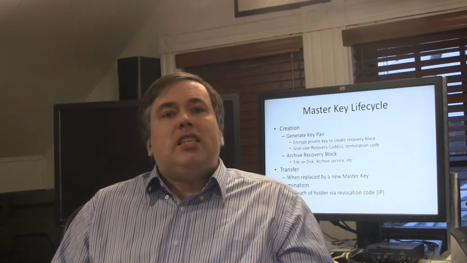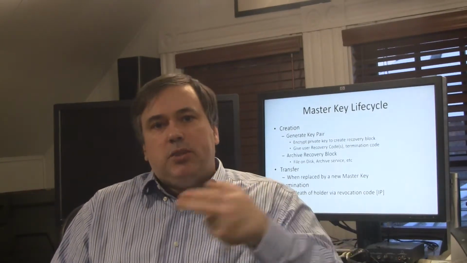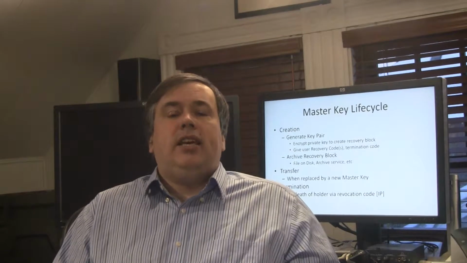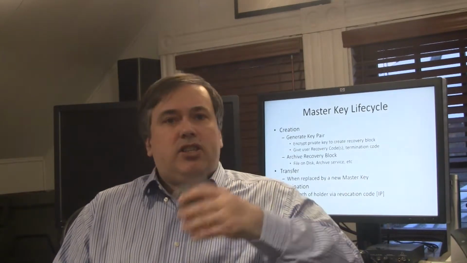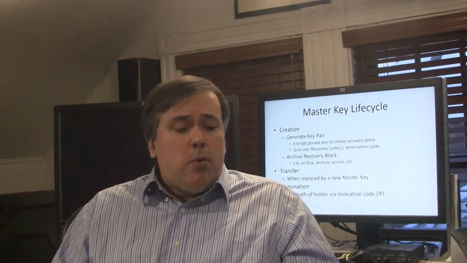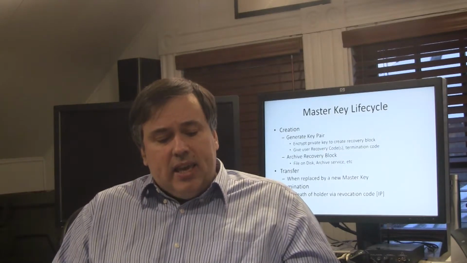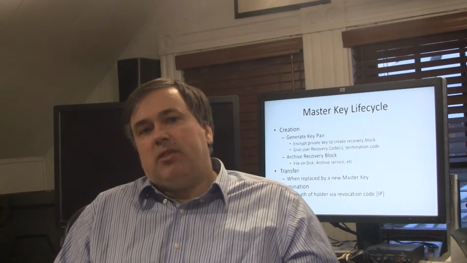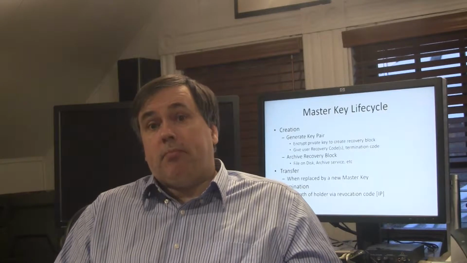We need to be able to transfer the master key from one device to another on occasion, and at some point we may need to generate a new master key and hand over to a new one. At the moment the public key encryption algorithm of choice is an algorithm called RSA, and the recommended strength is 2048-bit minimum.